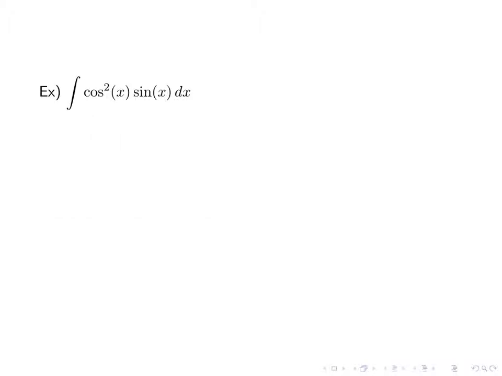So the next example is cosine squared sine. Since the power of sine is odd, it's 1, we're going to let u be cosine. And then we differentiate, and we get du equals negative sine x dx.